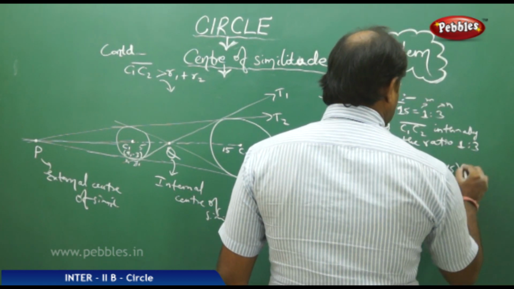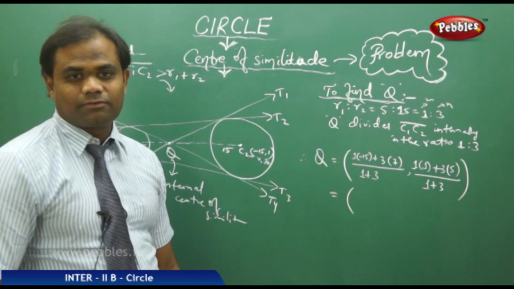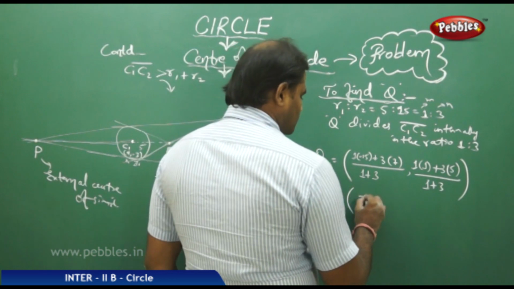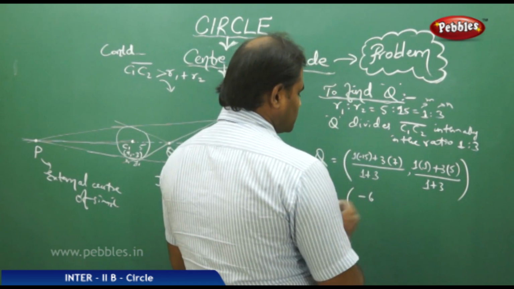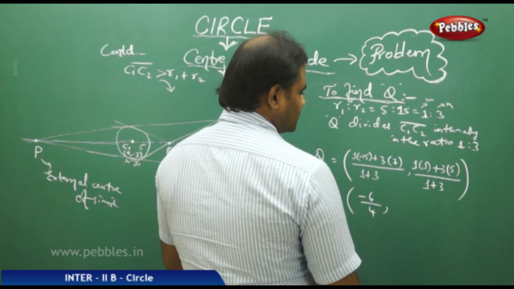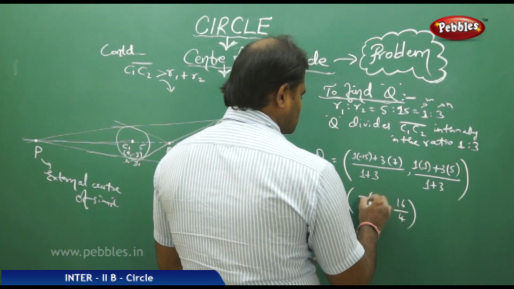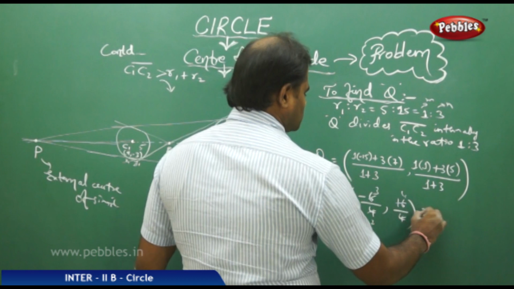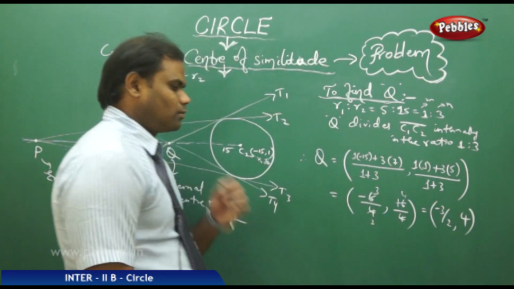which on simplification gives minus 15 plus 21, which is minus 15 plus 7 3s is 21, by 4, and 5 3s is 15 plus 1, 16 by 4, 2 2s, 2 3s, 4 1s, 4 4s, minus 3 by 2, comma 4.